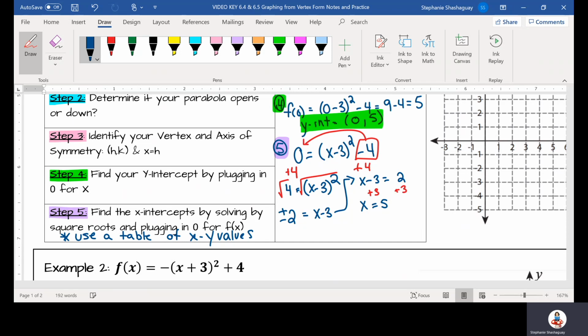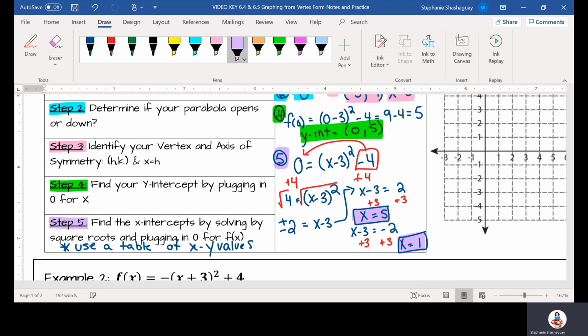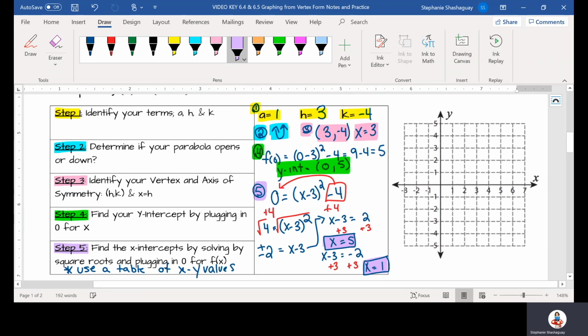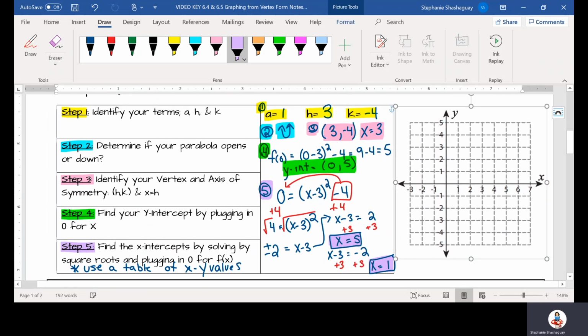When I set x minus 3 equal to a negative 2 and add 3 to both sides, x is equal to 1. Now I have my two solutions, my x-intercepts, and now that I have all of the points, I can graph it on my coordinate plane.